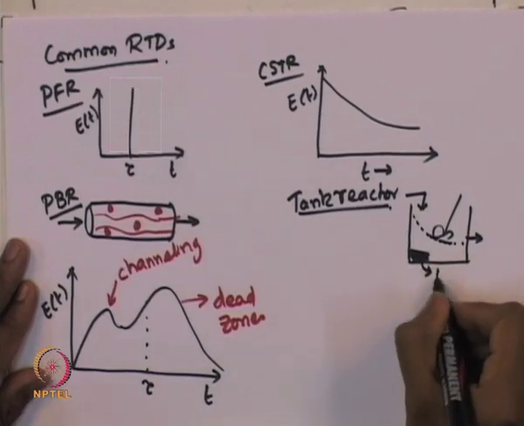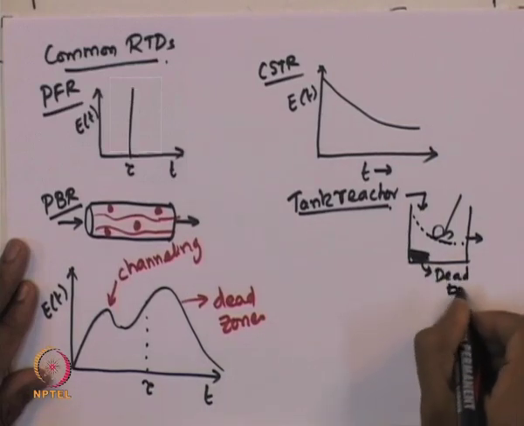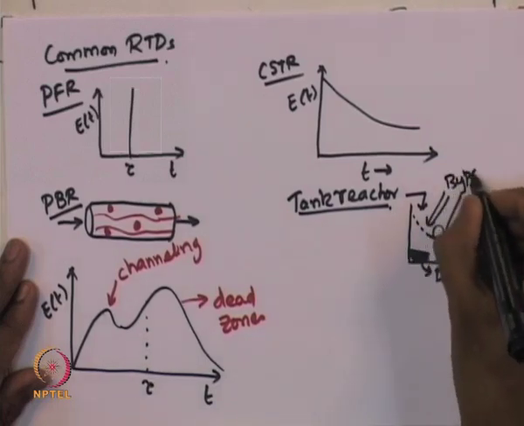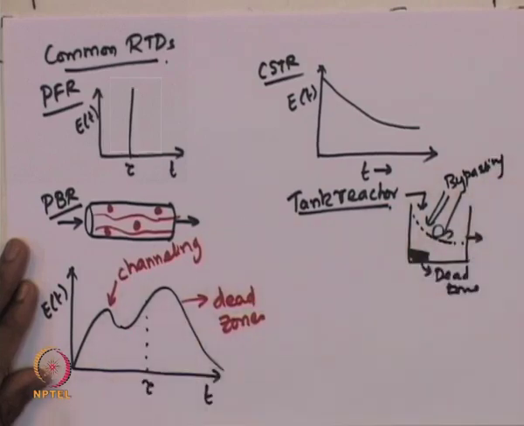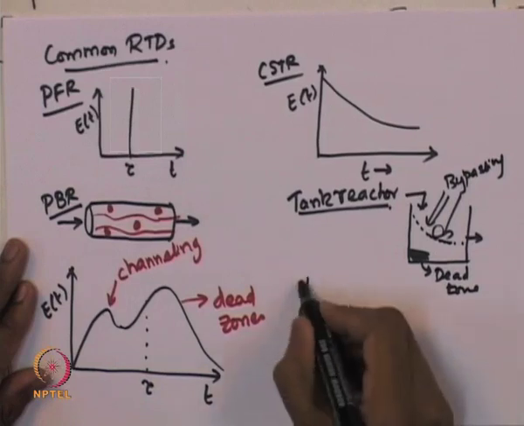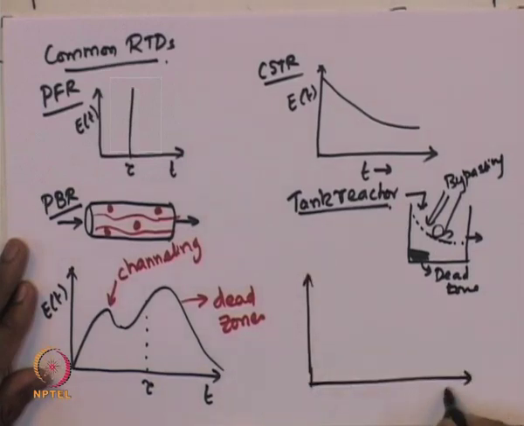So, this is the dead zone and this is the bypassing. If such a situation is there in a tank reactor, that can actually be observed in the RTD curve.